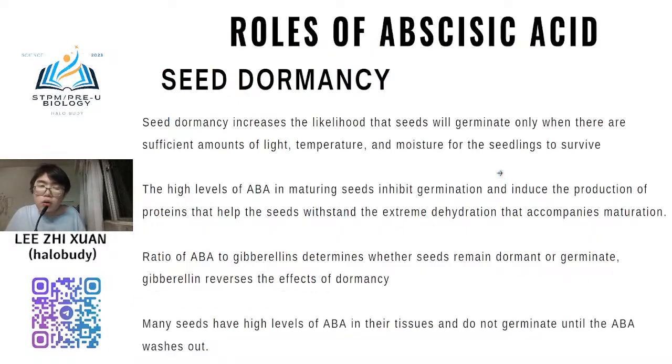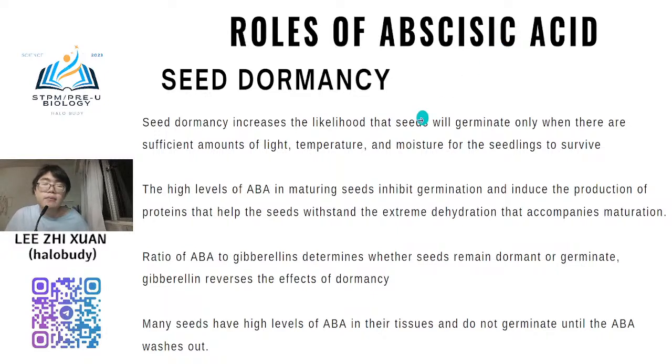One of the roles is seed dormancy, meaning that it maintains the state of the seed. It will not make the seed germinate. You know that gibberellin promotes seed germination, so abscisic acid provides the reversed function. It dominates seed dormancy, meaning the seed will not germinate. Normally a seed has a higher amount of abscisic acid.